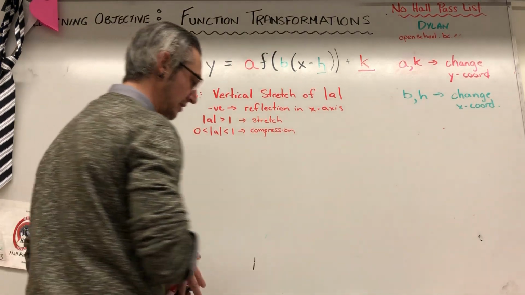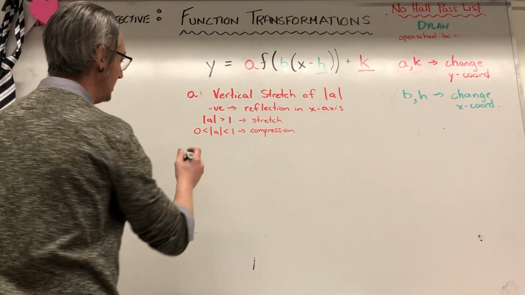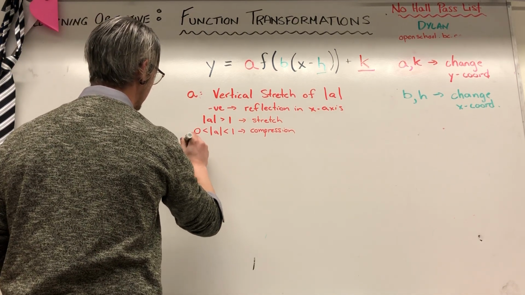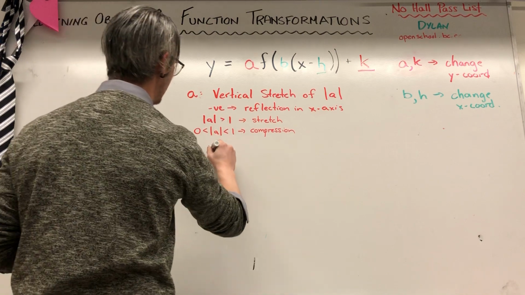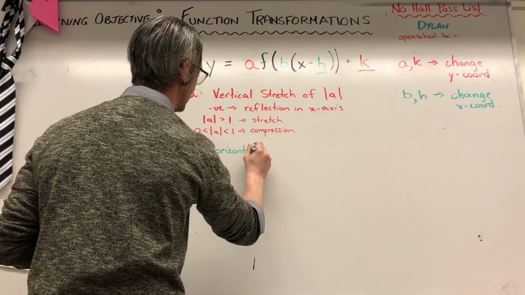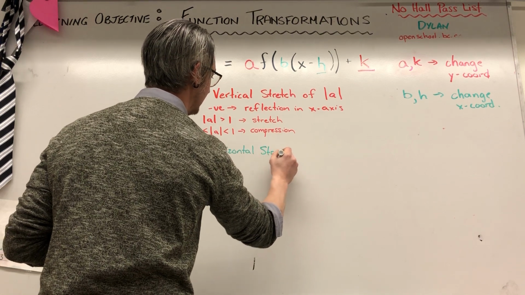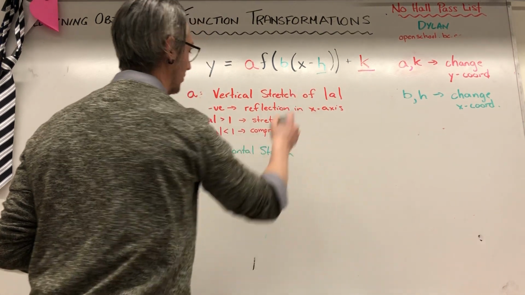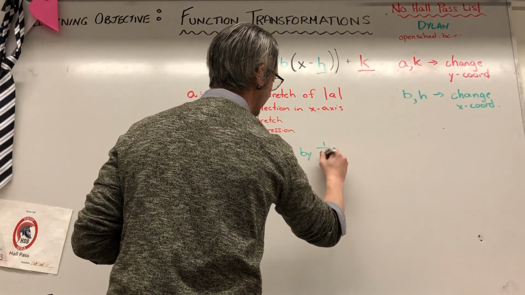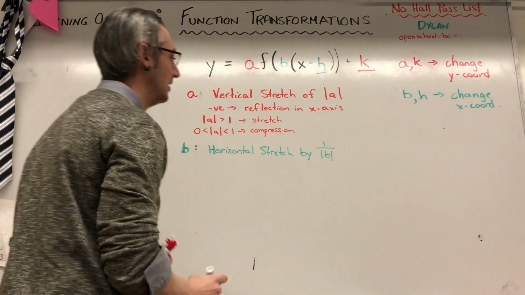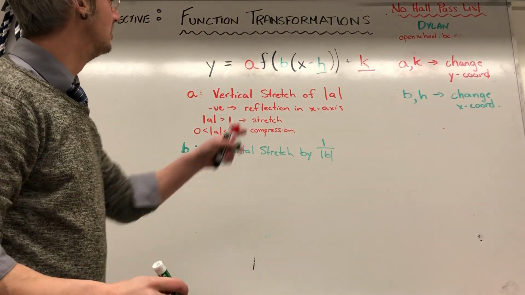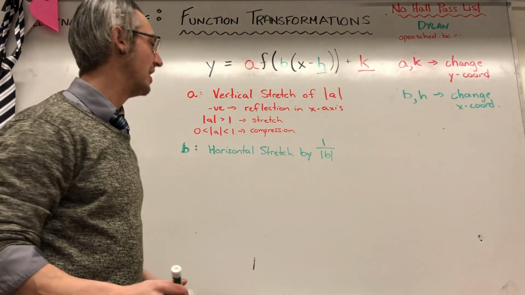Okay, and A's evil twin is B, and B kind of behaves in an opposite manner. B is going to be a horizontal stretch along the x-axis, where this was along the y-axis, by a factor of 1 divided by the absolute value of B. So if B is 2, 1 divided by 2, we're going to actually be shrinking by a half.